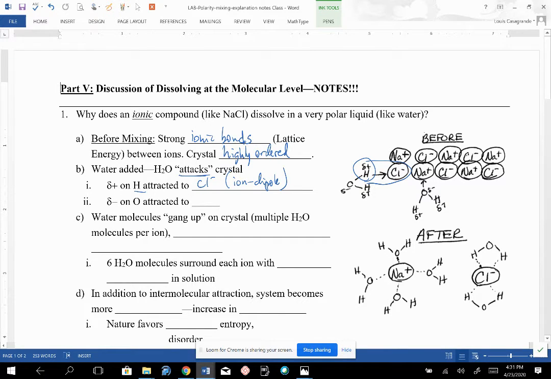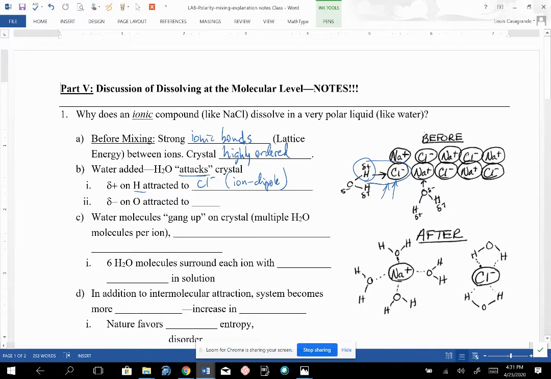So now we have another kind of attraction that's different from just a straightforward dipole or hydrogen bonding. And what happens is it pulls it out if you have enough water molecules attacking that chloride.